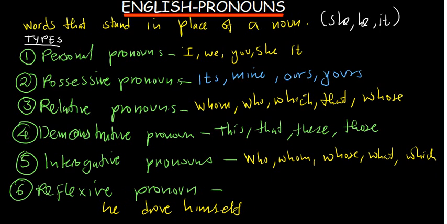Now you need to be very careful and you need to know how to use these. Because let's say you are talking about a group of people, you are referring to a group of people. Are you going to say yourself or yourselves?